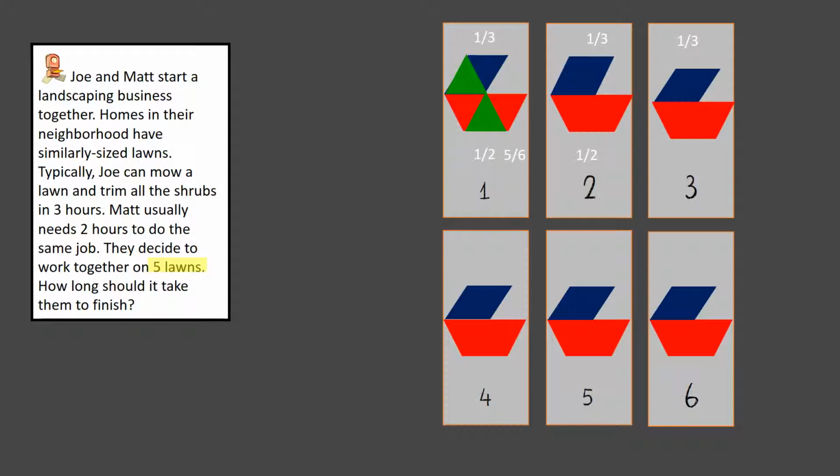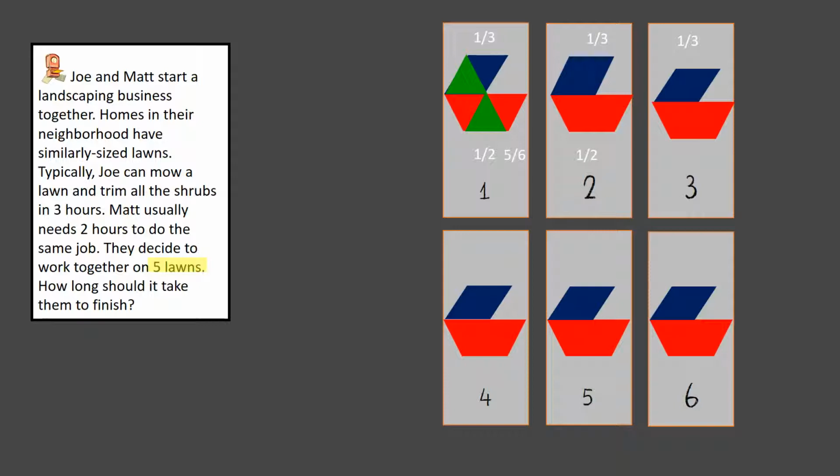So we have that figured out, and we want to know for 5 lawns. So I can do 5/6 in 1 hour, and I want to know how long it's going to take to do 5 lawns. The pattern blocks on each bar represent how much of a lawn I can do in 1 hour. So we want 5 lawns. Well, right now I have 6 hours, and I have lawns that are 5/6 that fill up all 6 of those hours.